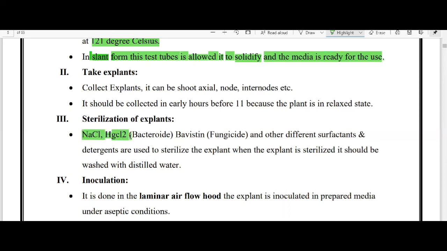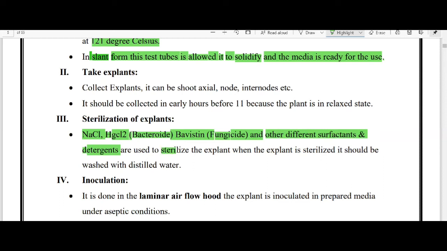So how can we sterilize the explant? There are different sterilants such as NaCl, HgCl2, which is a bactericide, Bavistin, which is a fungicide, and different surfactants and detergents used to sterilize the plant. It is a very huge topic, sterilization.